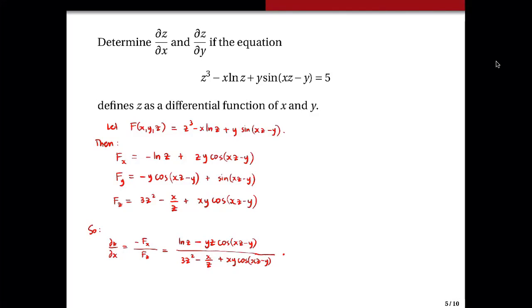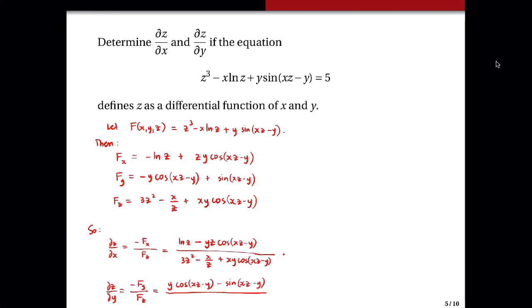And then for the other one, partial z with respect to y, this is negative f sub y divided by f sub z. So this is equal to, we have f sub y and we have negative there. So we will have y cosine xz minus y minus sine xz minus y, all over f sub z.